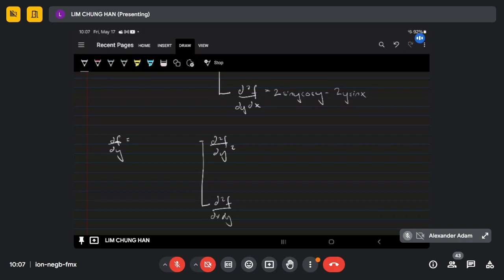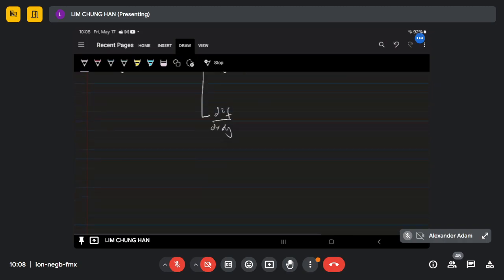But for higher, we've done 2D. So what happens when you go even higher, let's say 3D? So when you go higher, basically this is what you get.